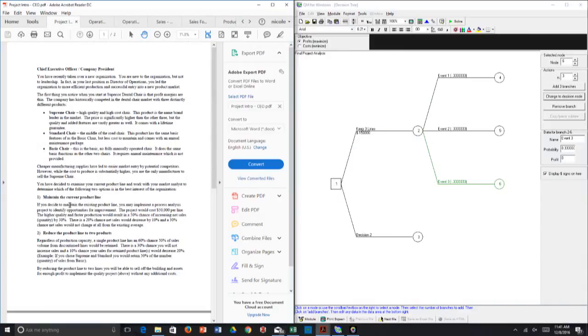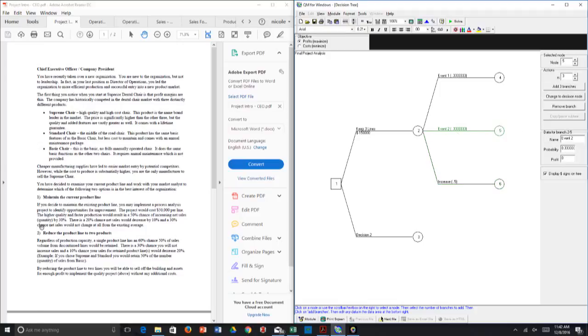And it says to maintain the current product line, the project would cost $50,000 per line. So we have that. The higher quality and faster production would result in a 50% chance of increasing net sales. So we're going to have our increase. There is a 0.5 probability, but we don't know our net profit yet. So we're going to leave this here at 0, and we're going to go back to that.